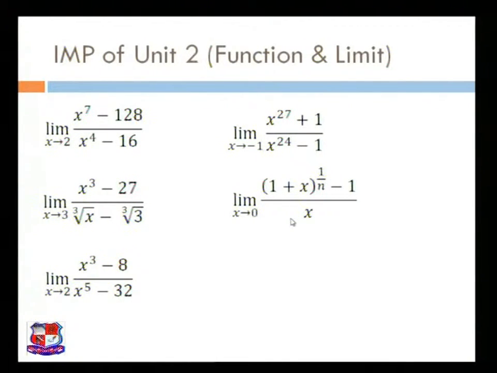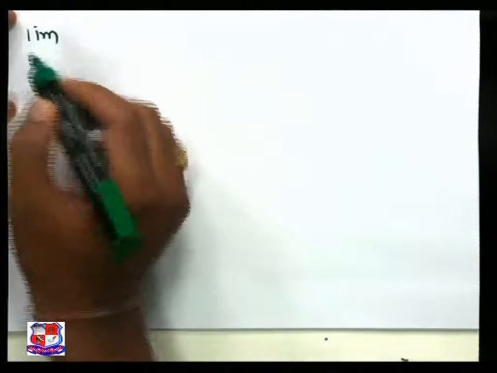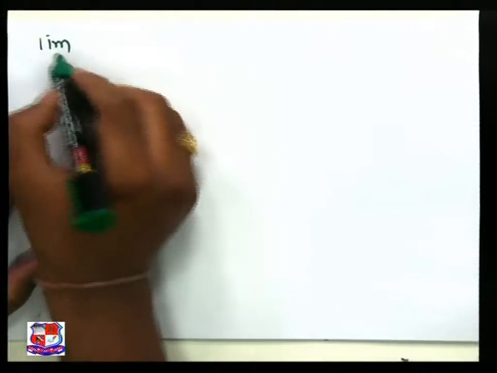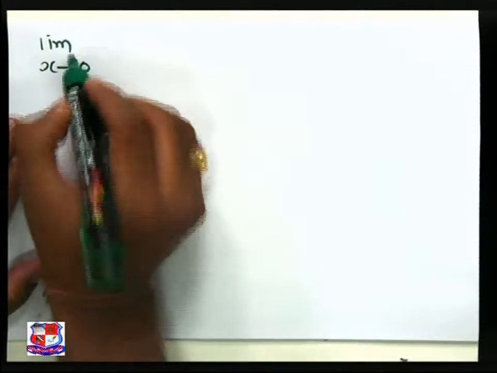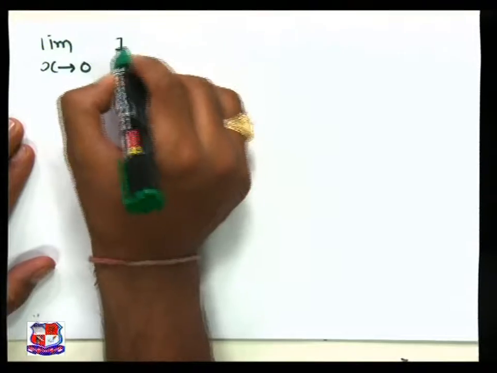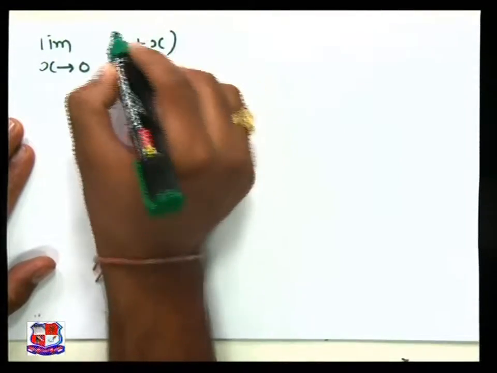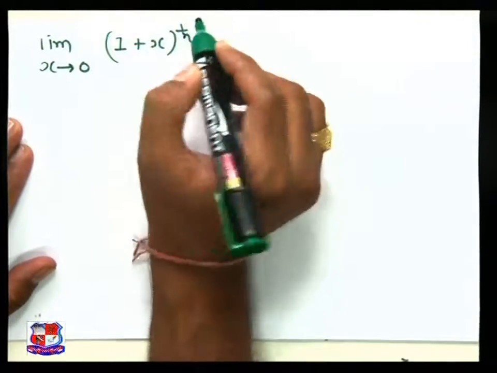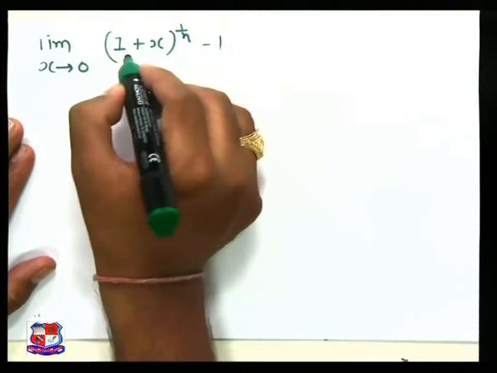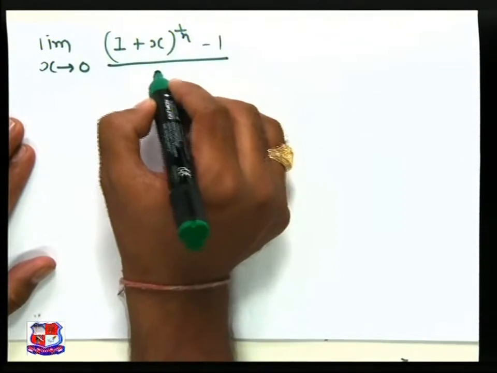So we write it first. Here limit x tends to 0, (1 plus x) raised to 1 upon n minus 1 divided by x.